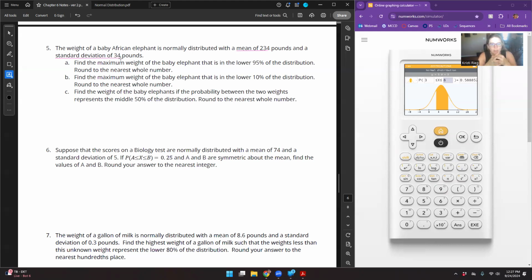Part A says find the maximum weight of a baby elephant that is in the lower 95 percentile. So I'm going to draw that picture first. This will be for part A. I've got to get my bell curve going, and I want it to be the lower 95.